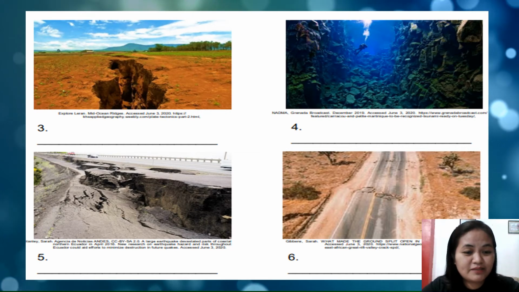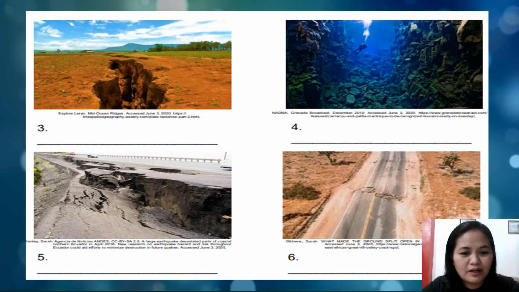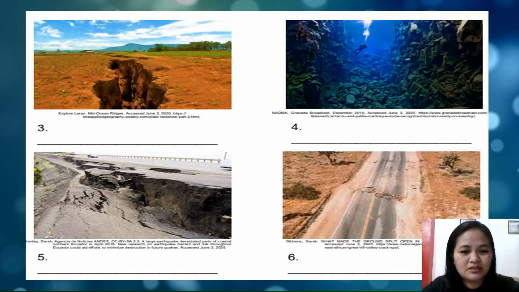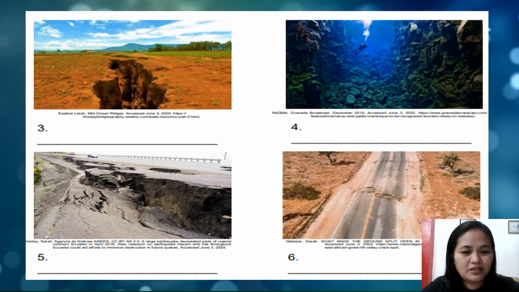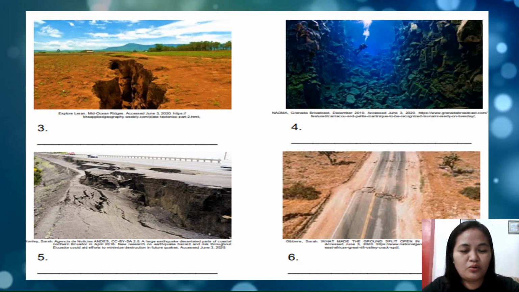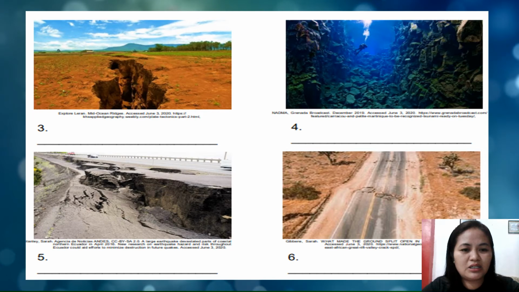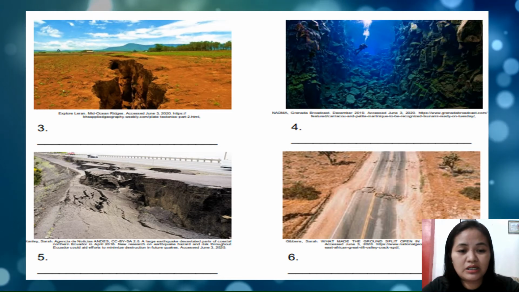Next, number 5. There is no breaking. But this part of the land is being cracked and disaligned. Magkadikit pa din naman sila, unlike sa number 3 na naghiwalay. Ito, magkadikit pero nagulo-gulo. Because there is a movement.